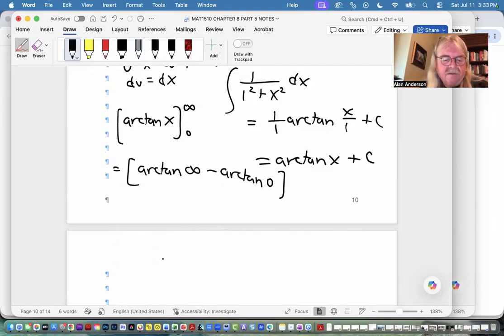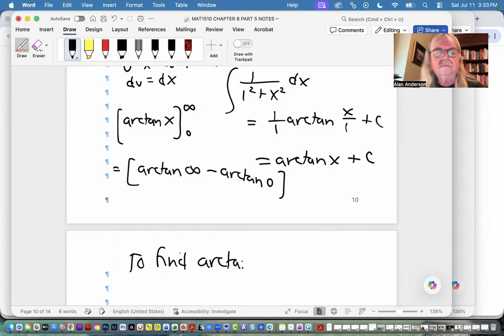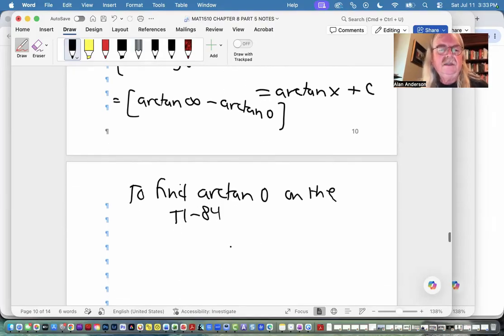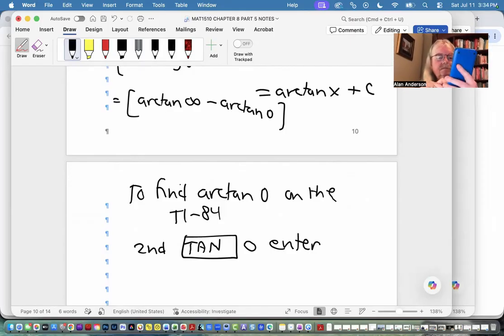So you'll hit second tan, 0, enter. And it's 0. Well, that's good. That's nice and easy.